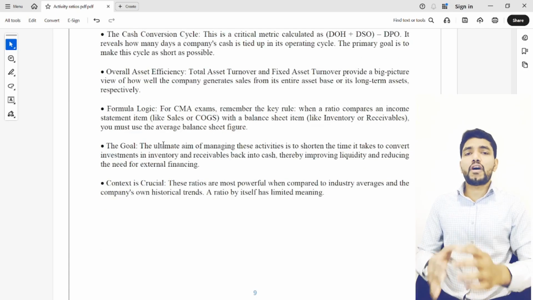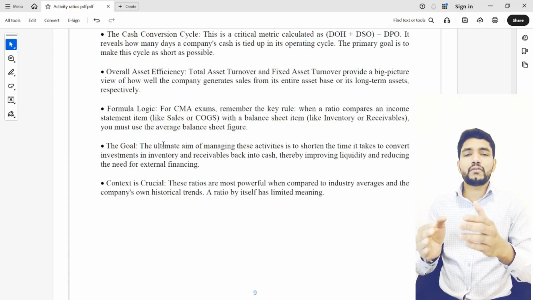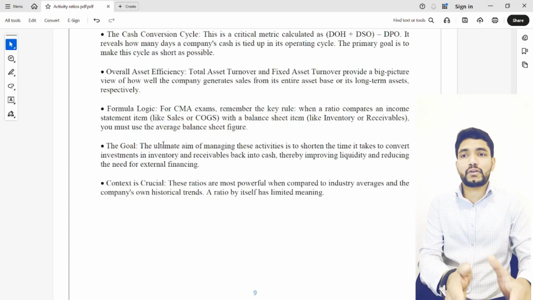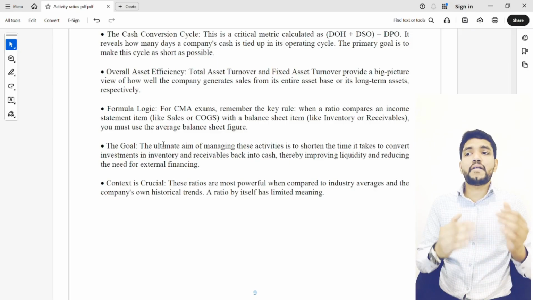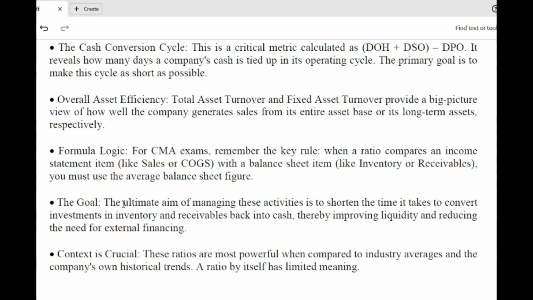Again, a common logic is that when we compare a value from the income statement and another value from the balance sheet, the balance sheet item is always averaged.